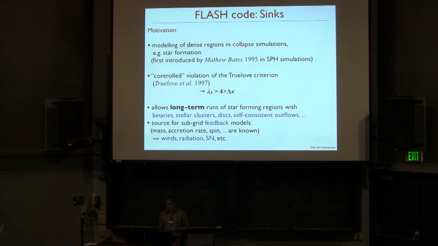And so that gives you somehow a control on what is called the Truelove criterion. So you're not violating it, or if you violate it, you do it deliberately. I will talk about this a little bit later in a bit more detail.